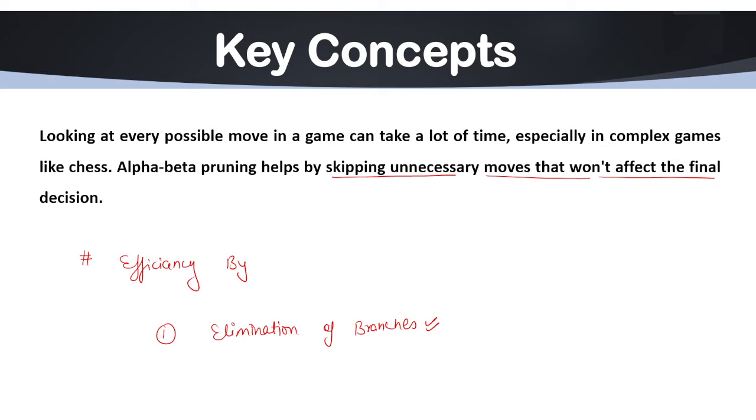Let's say if a branch is worse than the best option already found, then it is discarded without further exploration. Clear? And also, students, it ensures the algorithm arrives at the same result as a full minimax evaluation but in less time.